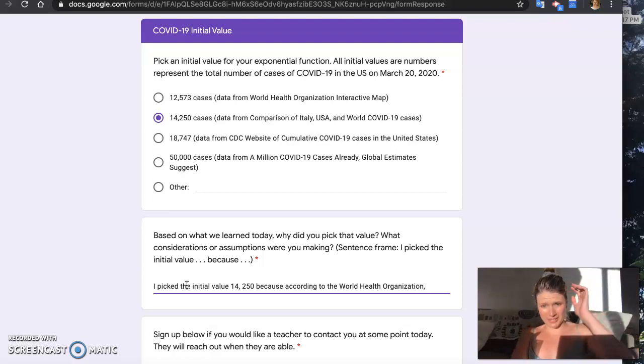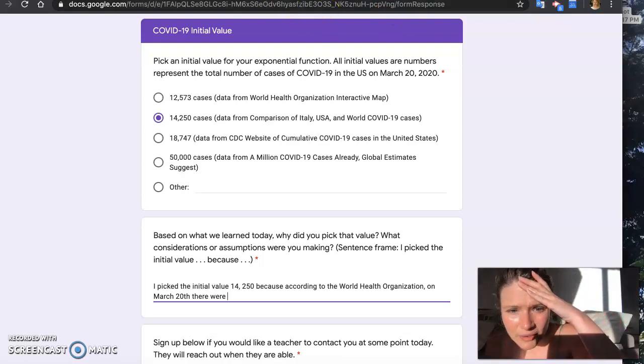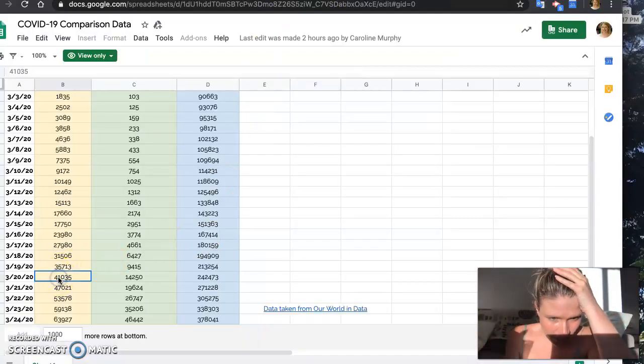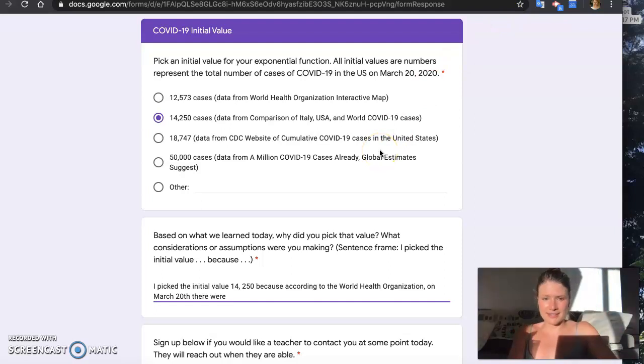According to the World Health Organization, on March 20th, there were, let's see, how many cases? Going back to that, on March 20th, there are 14,250 confirmed cases of COVID in the United States. There were 14,250, okay, perfect match, cases of COVID in the United States.